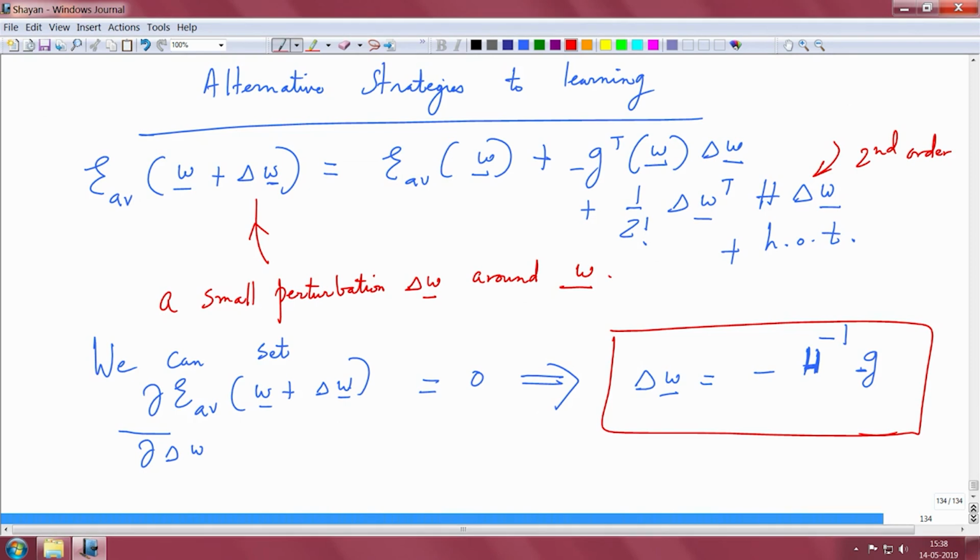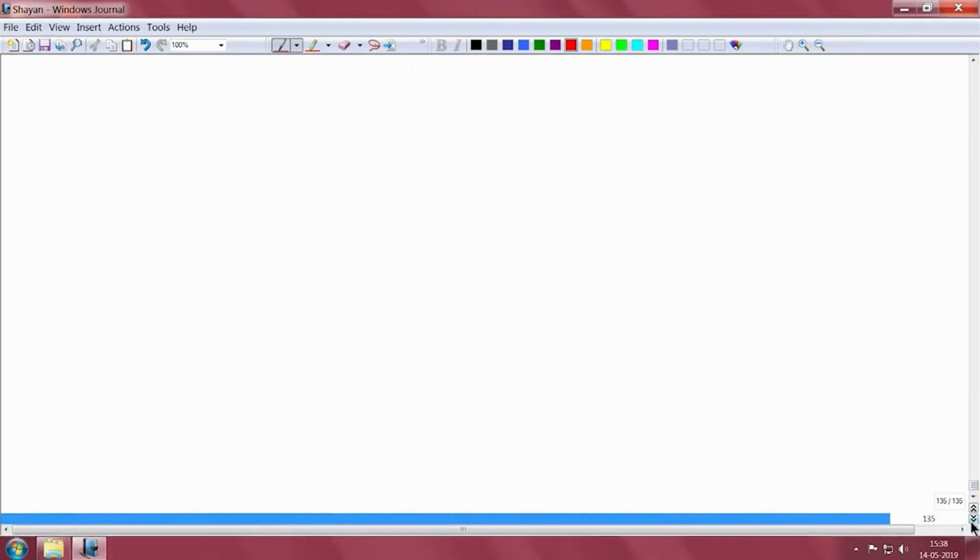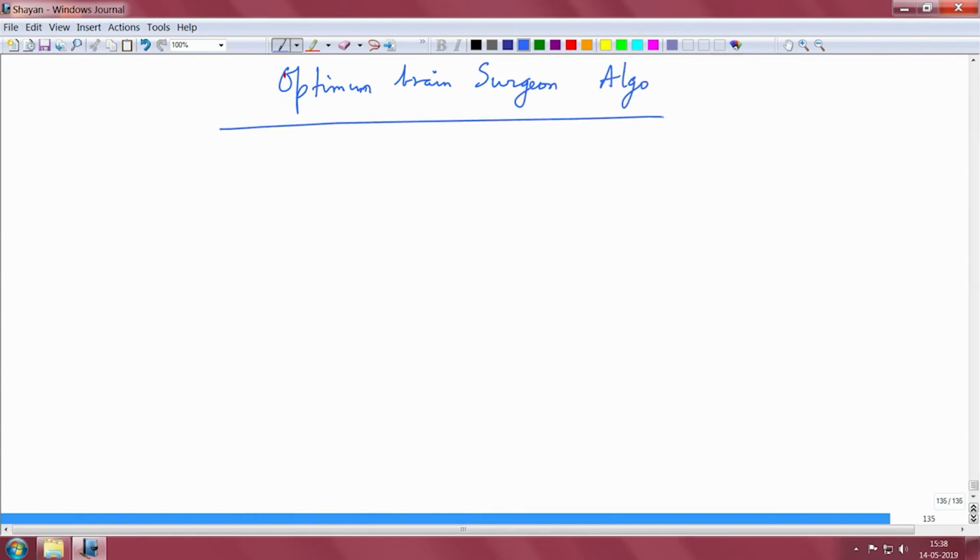There is also an algorithm called the optimum brain surgeon algorithm. The name seems to be interesting and fancy.